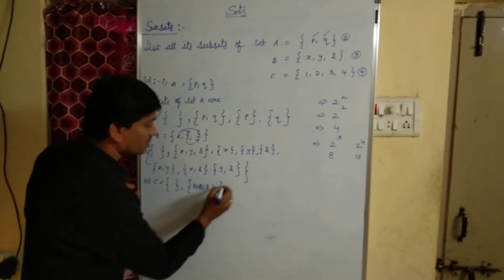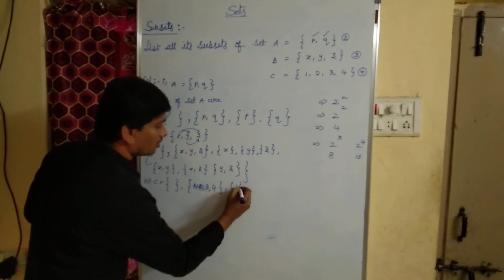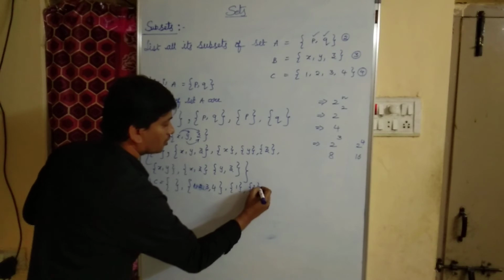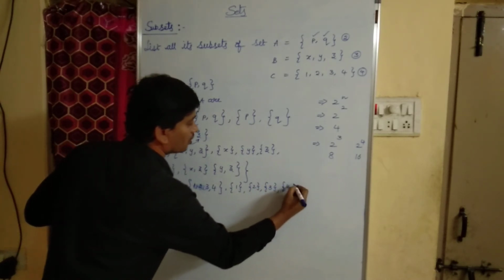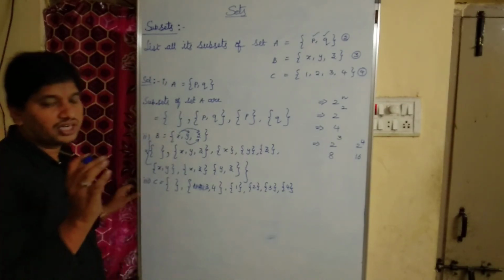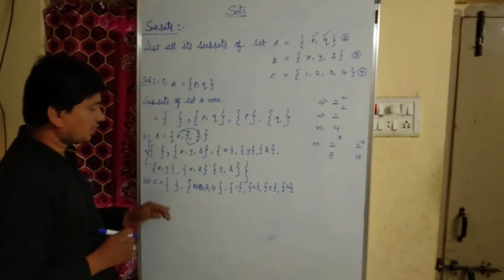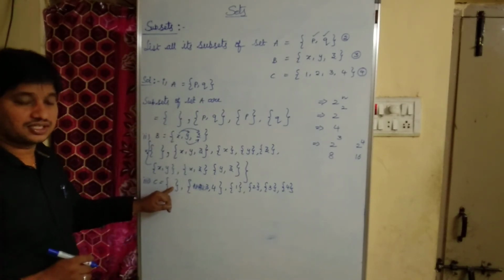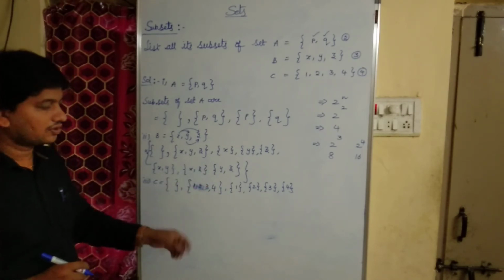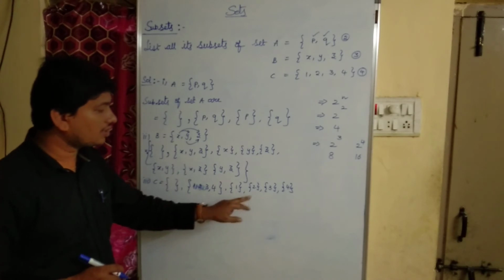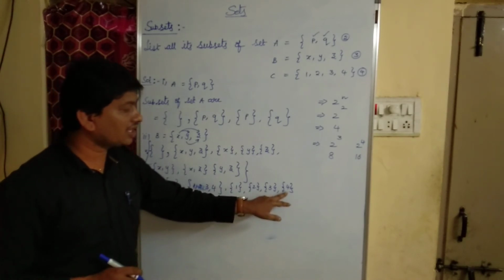Now let us write individual elements: 1, 2, 3, 4. Right? One element. Did you understand, children? Empty set is a subset of every set. Every set is a subset of itself. Then individually we are writing set 1, set 2, set 3, set 4.